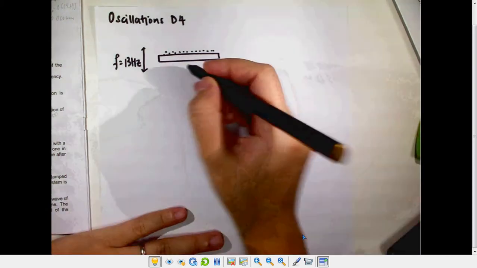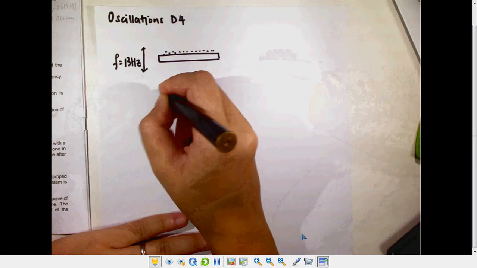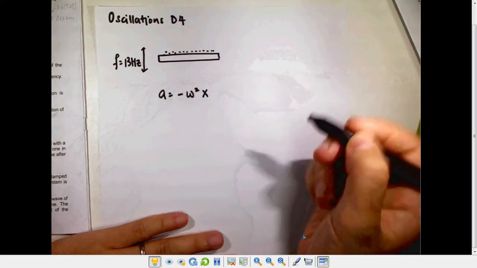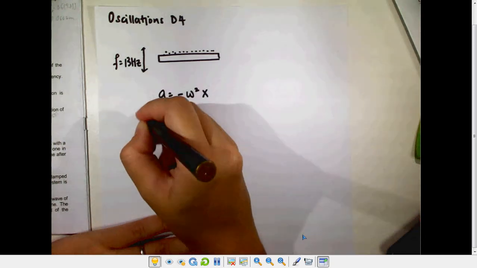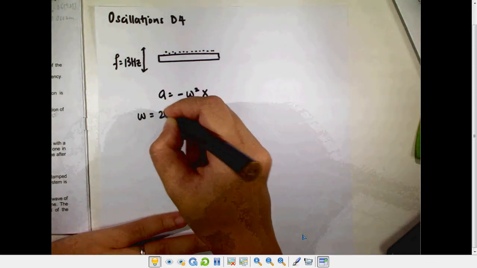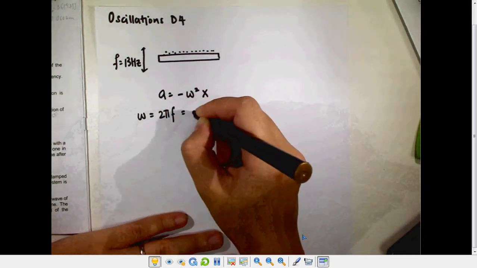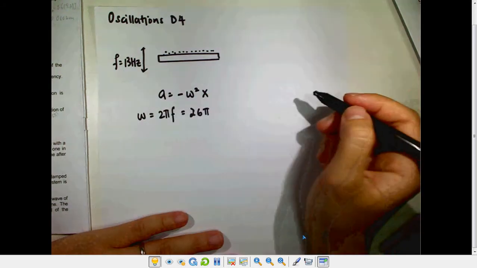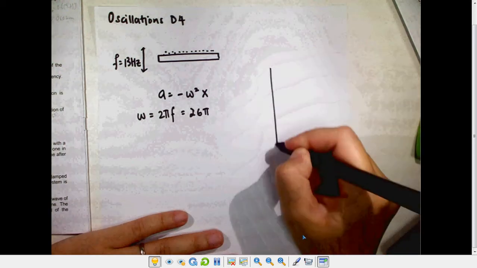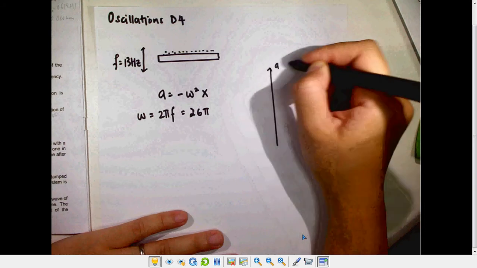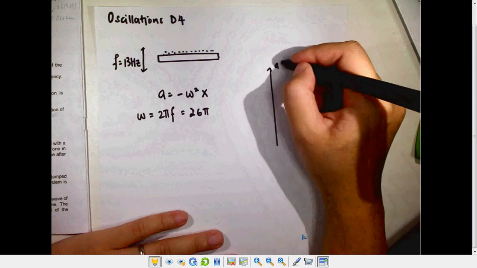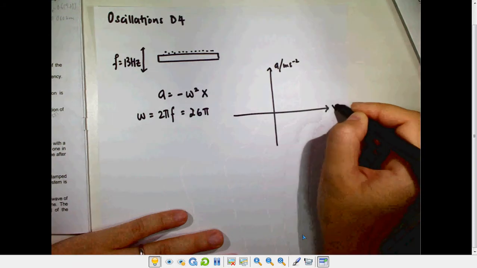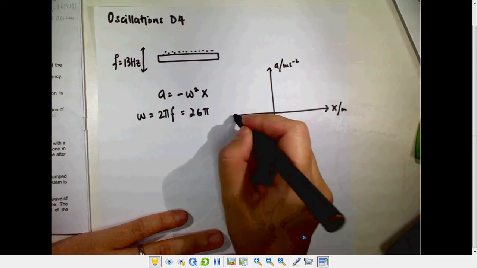So what we know is that a equals negative omega squared x. In this case, omega equals 2 pi f, which equals 26 pi. So if I want to draw the graph, it will look like that. This is a, in meters per second squared, and this is x in meters.